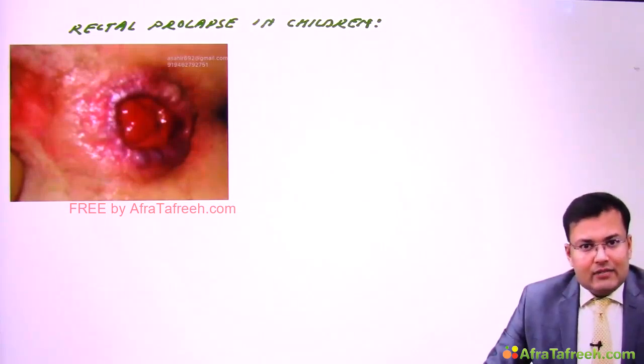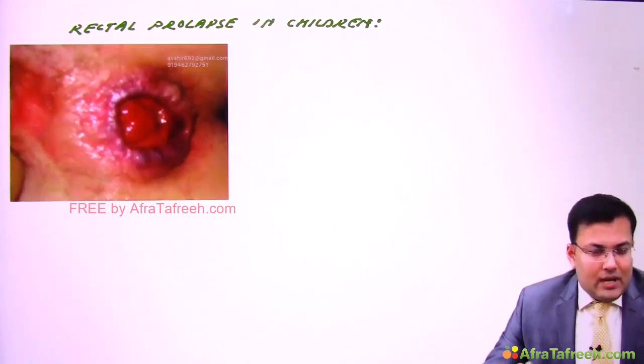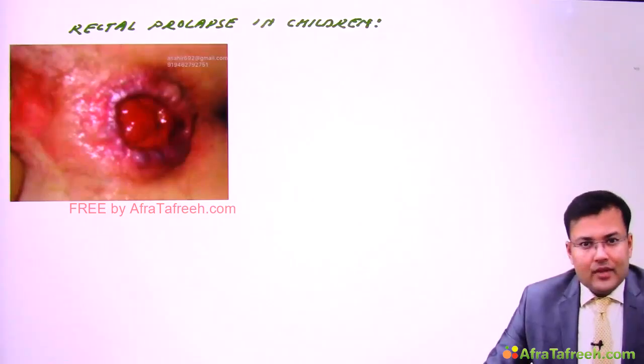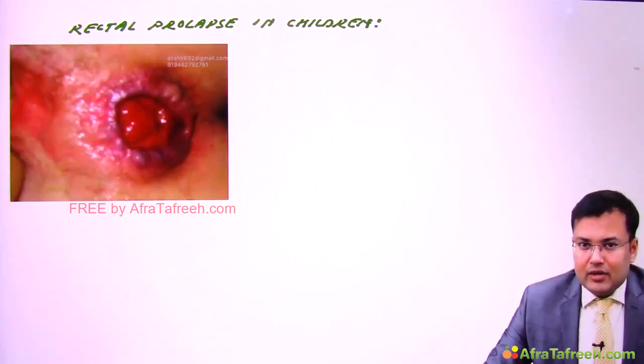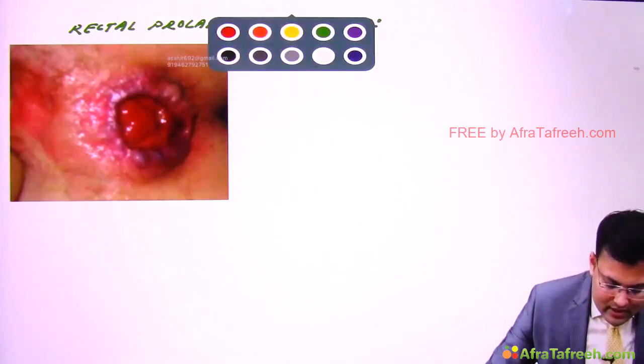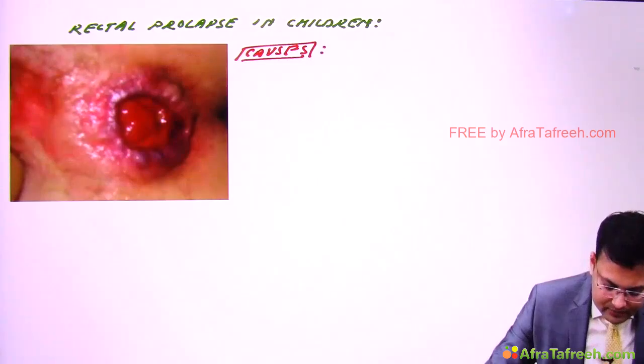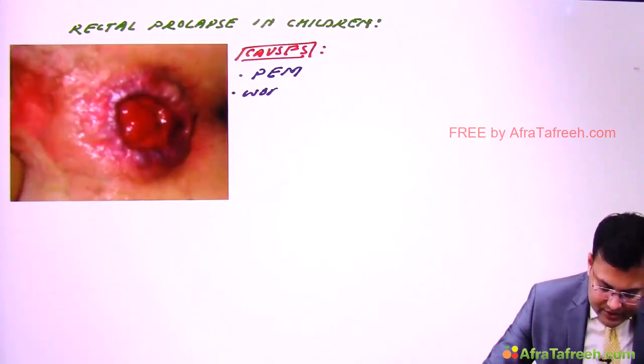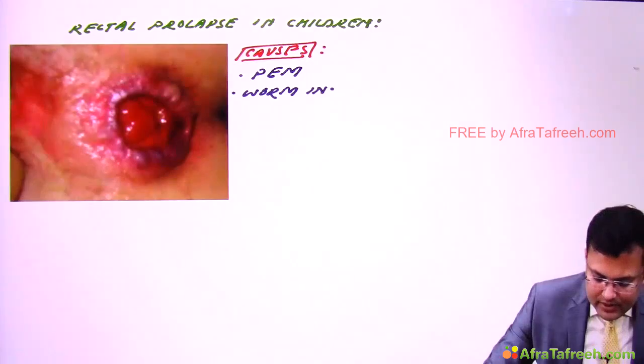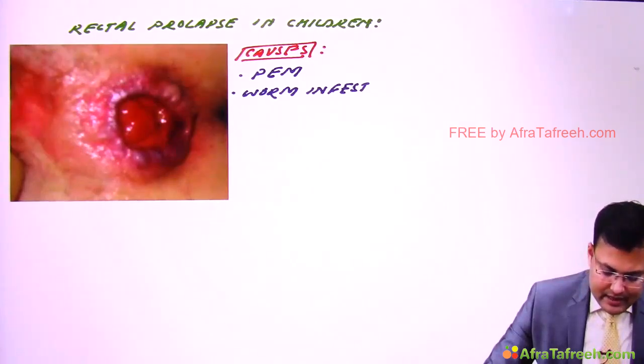In all these cases, when the child is straining at defecation, there is prolapse of only mucosa. Good thing, if you treat the underlying cause, this condition resolves spontaneously. So what are the risk factors or causes of rectal prolapse in children? First, protein energy malnutrition, worm infestation, and diarrhea.